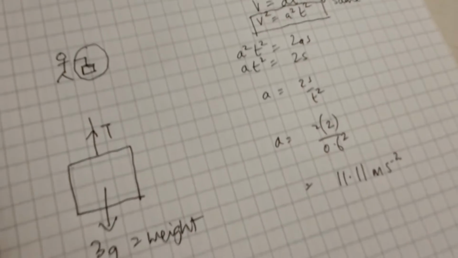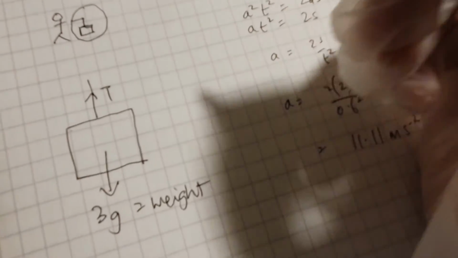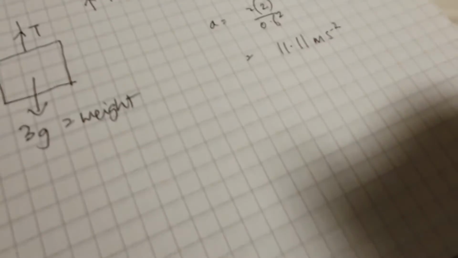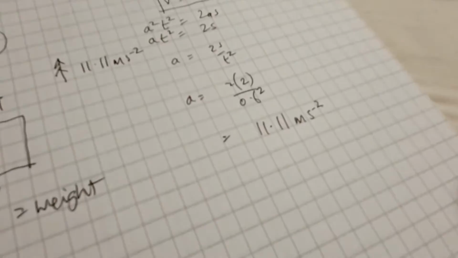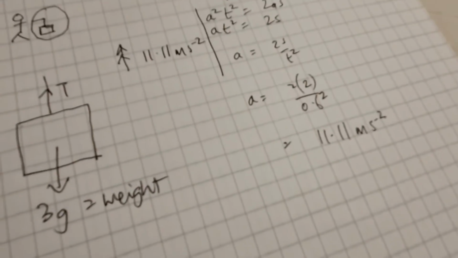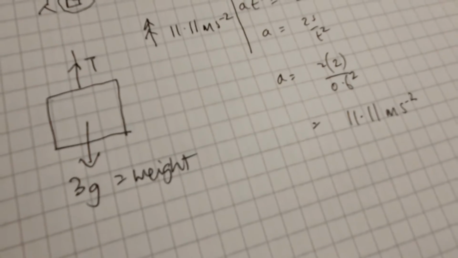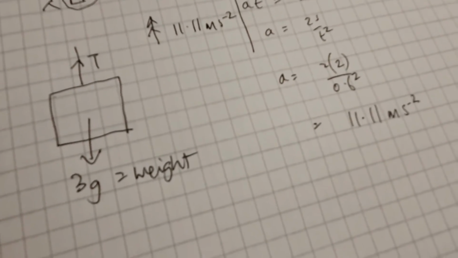So you got that tension in that. So that's tension, right? And you know that the lift is moving up, it's accelerating, it's moving up with what, 11.11. So that's the acceleration. Now we need to draw the diagram. So it's moving up, isn't it?